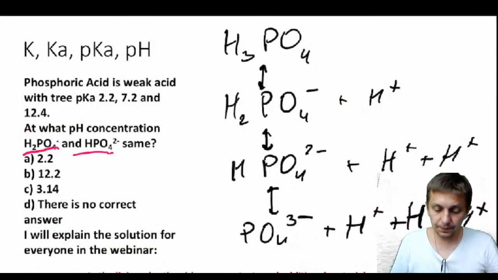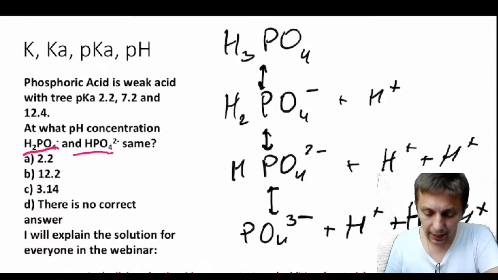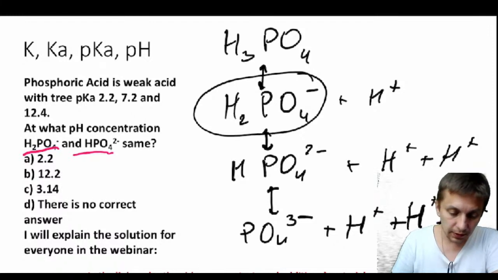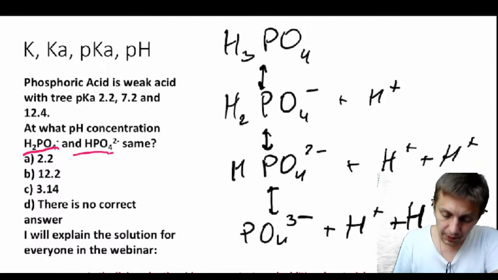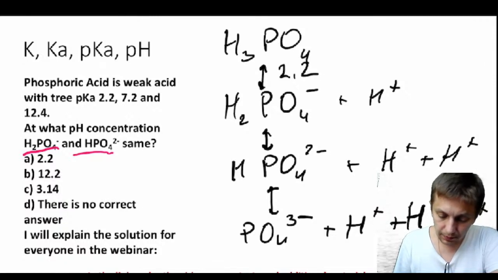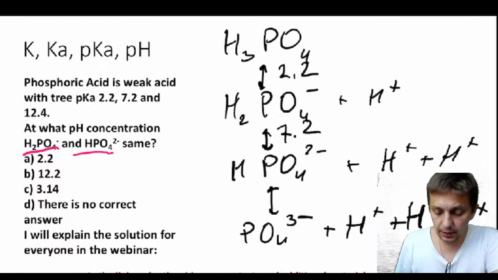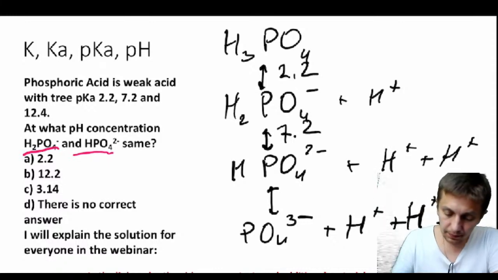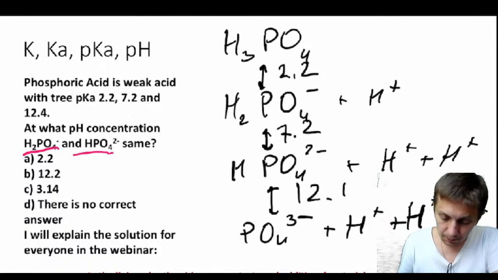It means the concentration of phosphoric acid and the concentration of these ions will be the same if pH equals 2.2, and the concentration of these particles will be equal at pH 7.2. The concentration of HPO4 2 minus, the hydrophosphate ion, and the completely dissociated form will be equal at 12.4.